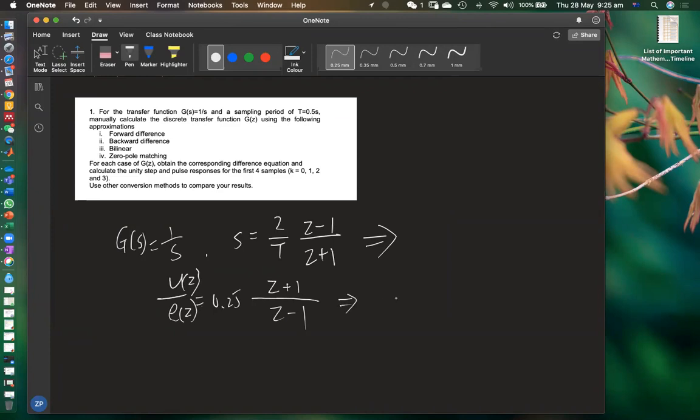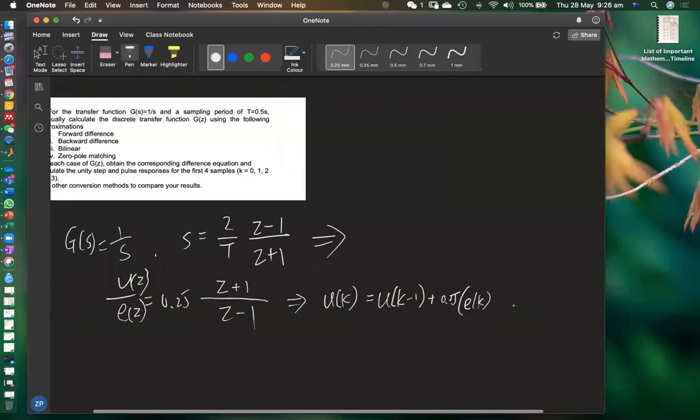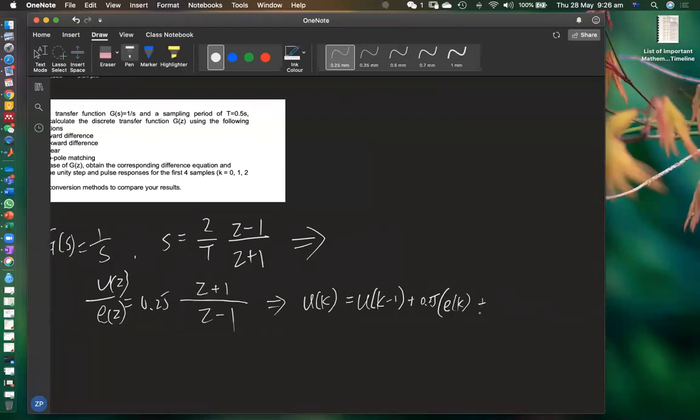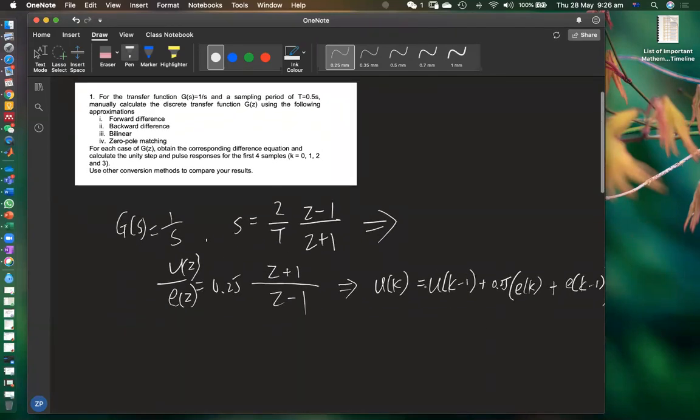From here, you can get u(k) equal to u(k-1) plus 0.25 e(k) plus e(k-1). So no problem with all this, right? That's straightforward.